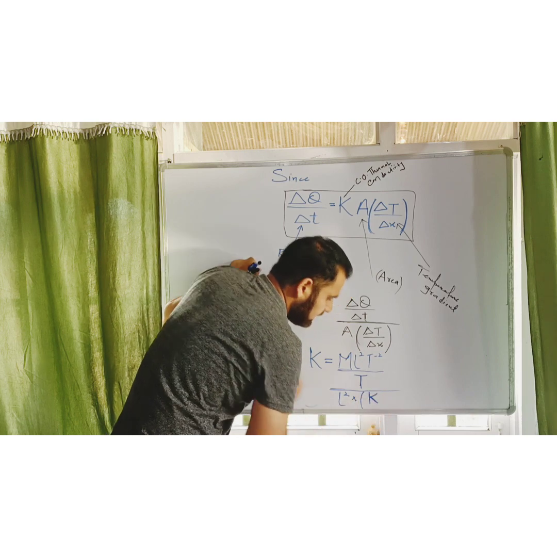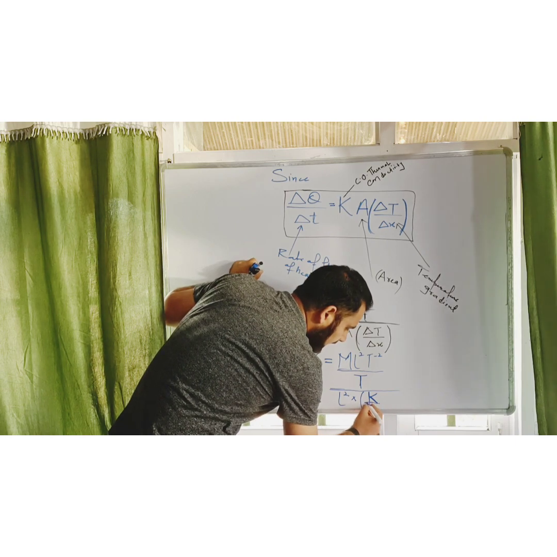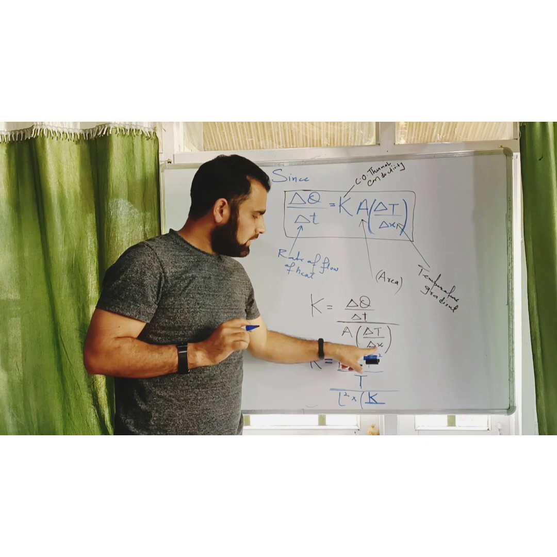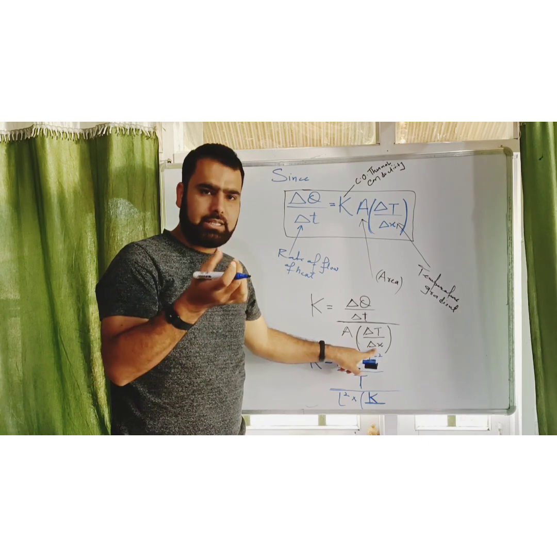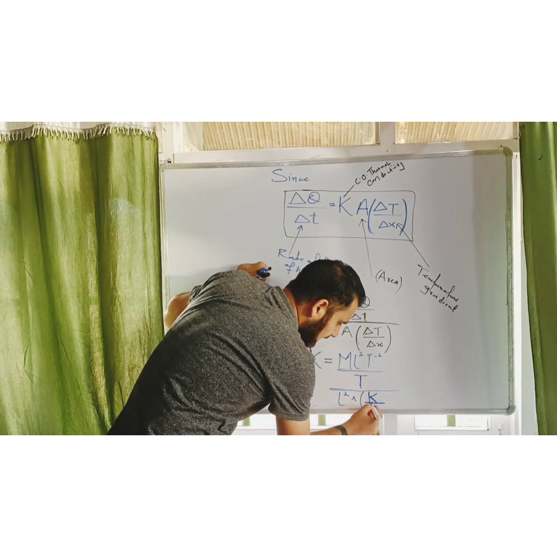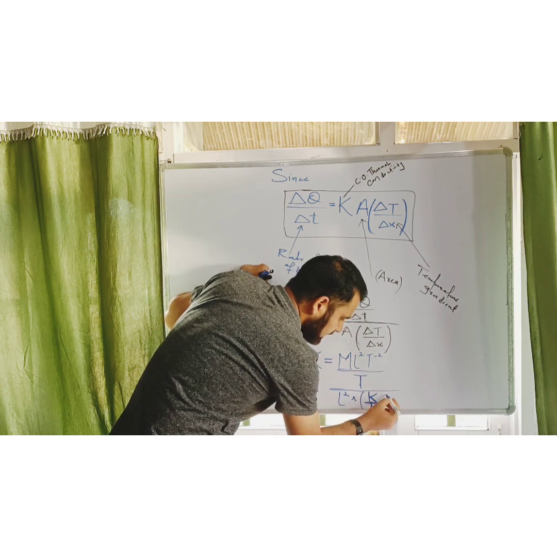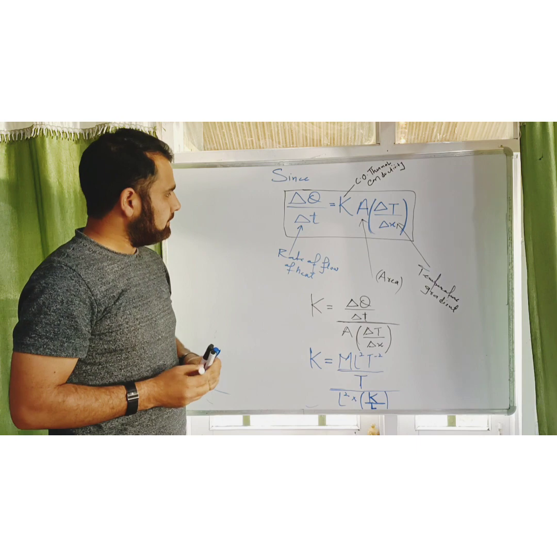Its dimensional formula is K. Divide by delta X. Delta X here represents the thickness of the solid, so this is the distance. So its dimensional formula is L.